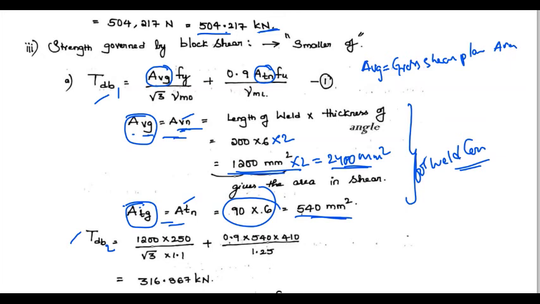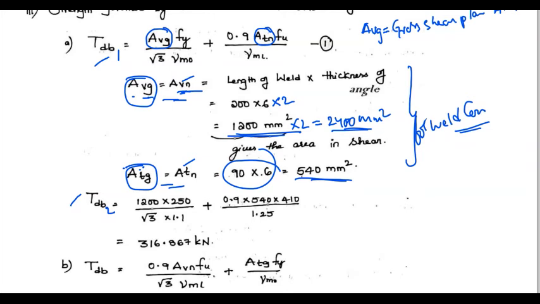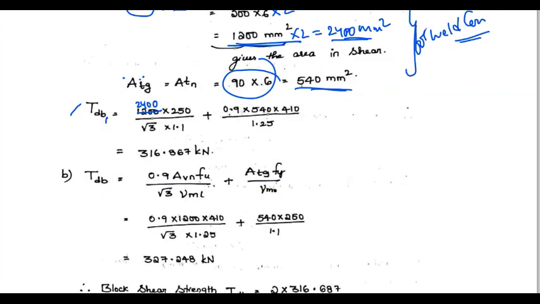So substitute them here. Of course, we have a mistake in Avg, so let me correct this here. This value is going to be 2400. So on calculation, what would be the value?